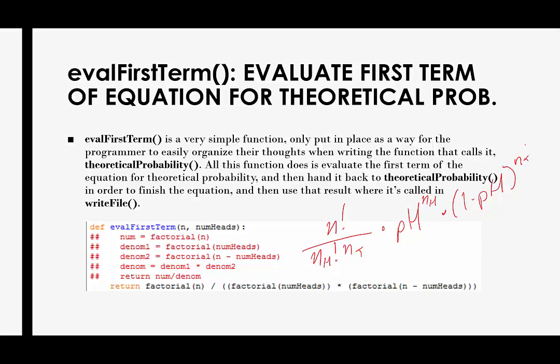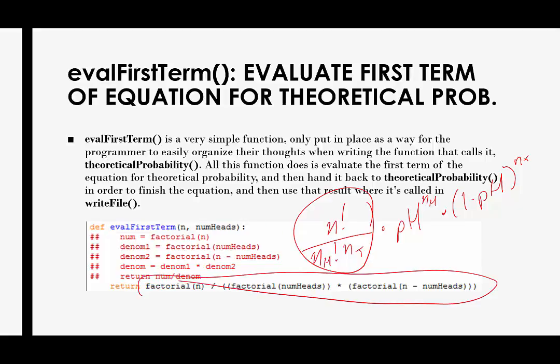So this is the equation for theoretical probability, which is set up in the theoretical probability function. And eval first term literally just does the math for this part right here, to make it a little simpler by using the factorial method. And I commented out this code to show that that's how you could do it in multiple lines to make it easier to read, but then I figured I could actually just condense it all into one line.